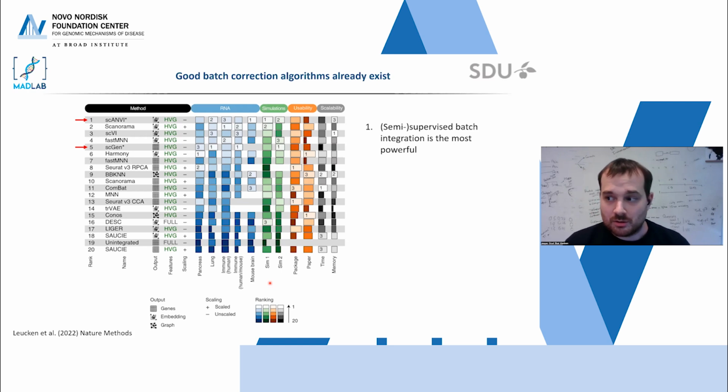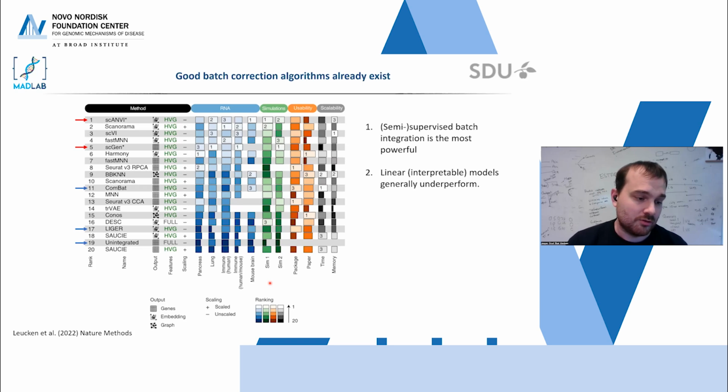But what we also saw is that the linear or the interpretable models generally underperform. So for example, down here we have LIGA, which is a linear non-negative matrix factorization based method, which doesn't actually perform very well compared to the nonlinear methods.